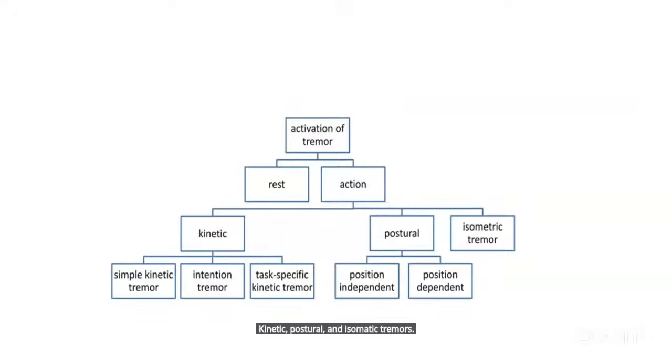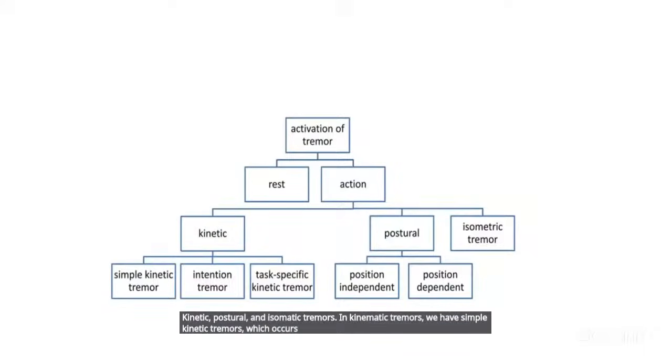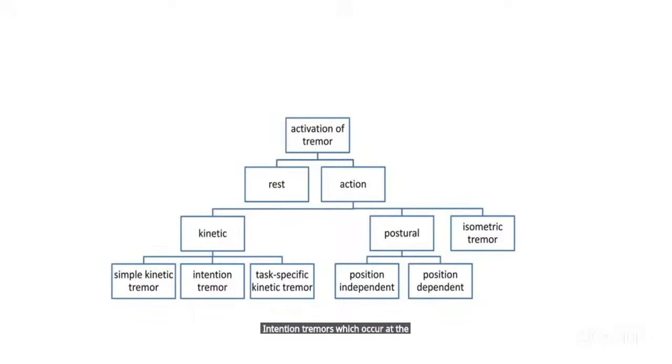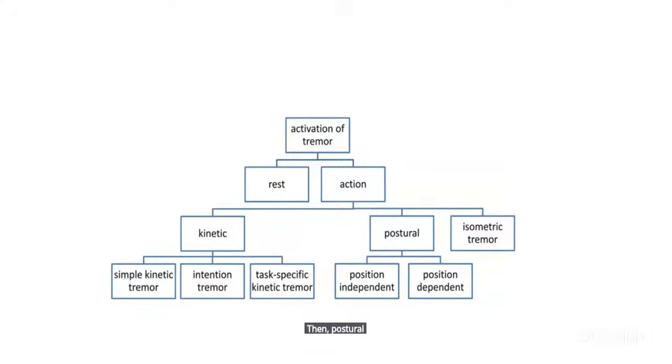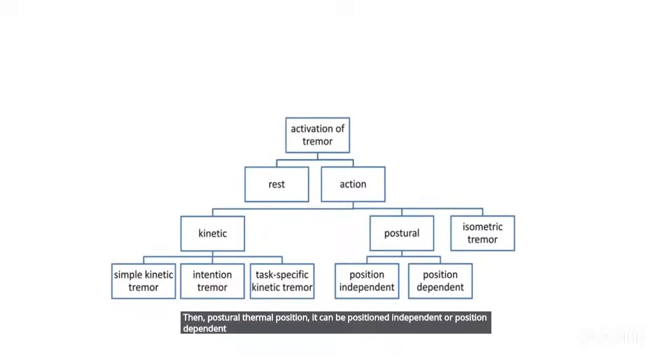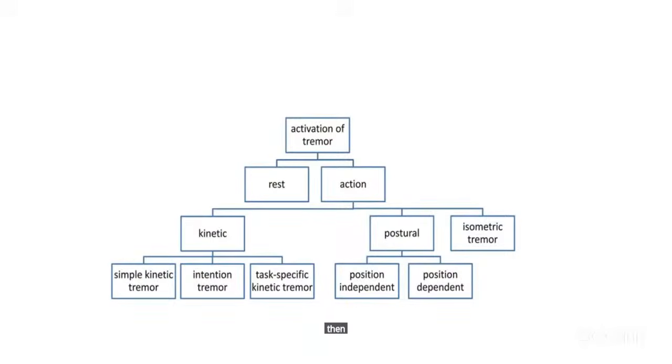In kinetic tremors, we have simple kinetic tremors which occur at the initiation, then intention tremors which occur at the end of the movement, and task specific kinetic tremors which occur in a specific task. Then postural tremor can be position independent or position dependent postural tremor. Then isometric tremors which occur against a rigid stationary object.